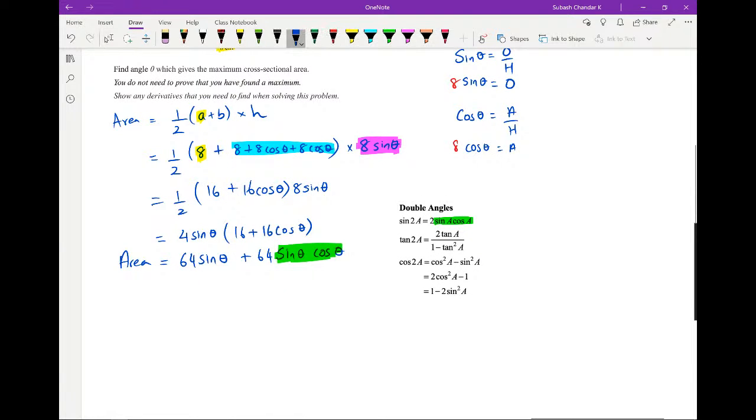So when we differentiate area, we're going to get 64 cos theta plus 64 cos theta plus 64 sine theta, and the differentiation of cos theta is negative sine theta. That is not right, that looks way too easy. No, that looks right.